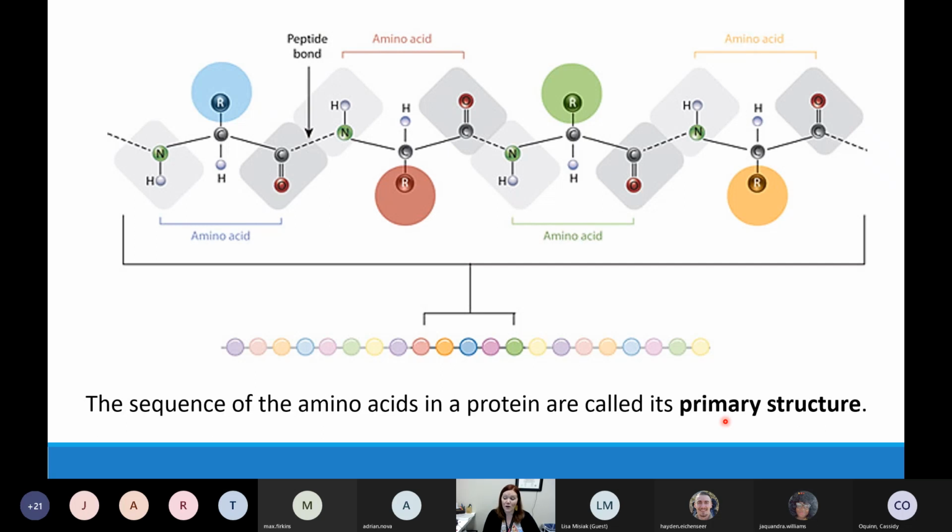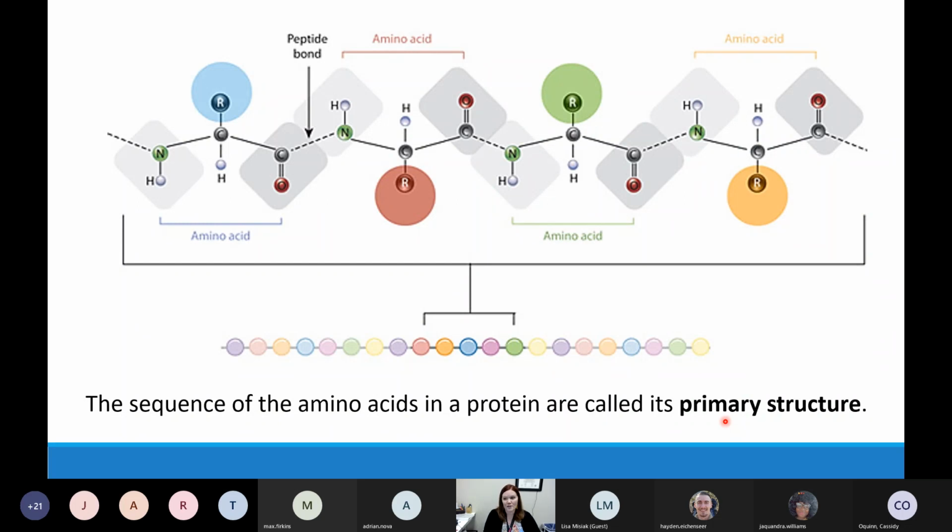Fun fact about amino acids, we only have 20 of them that are building blocks that we use to build the millions, literally, of proteins inside our body. So the primary sequence of all of these proteins in our body that are so different comes down to the same 20 building blocks, just the way that we put them together.